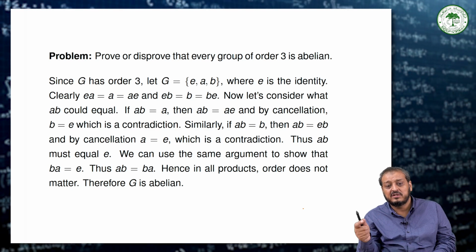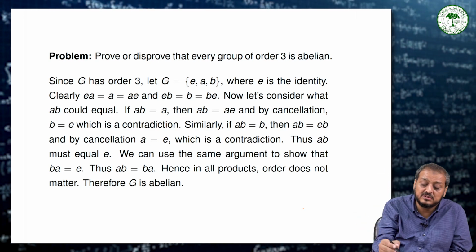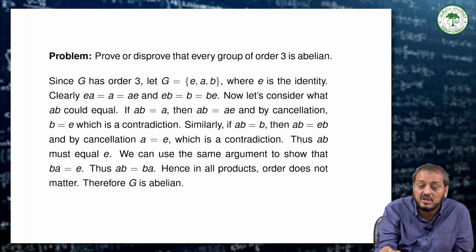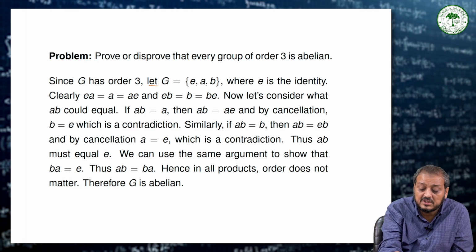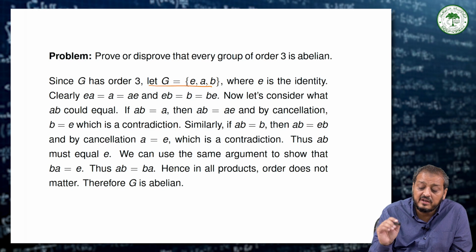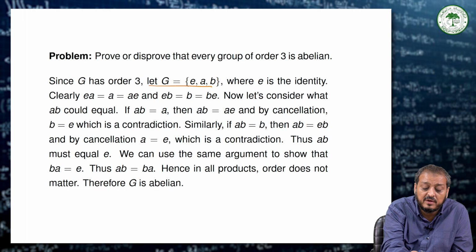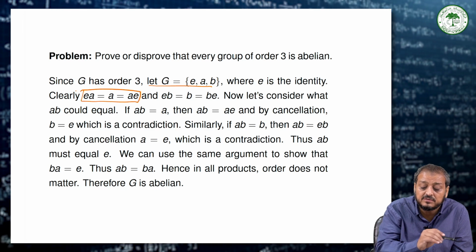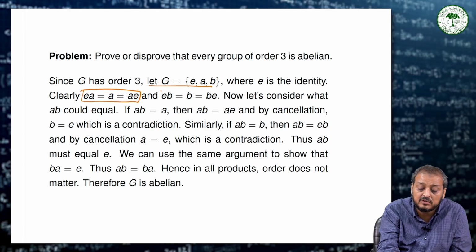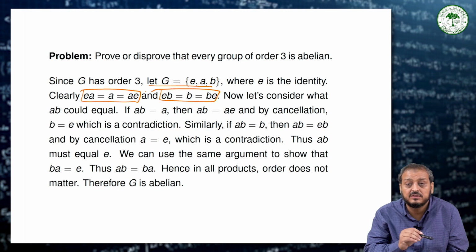Since G has order 3, let G be equal to {E, A, B}, three elements, where E is the identity element. Clearly, since E is the identity element, EA is equal to A, and EB is equal to B.